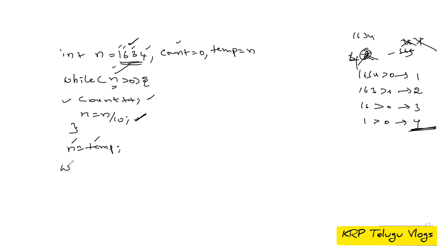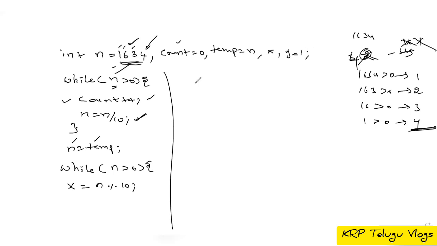So now what I will do, while n greater than 0, I will take some variables x and y, y is equal to 1. So I will extract x is equal to n modulus of 10. So you got 4 now, correct? Yes, sir. So now you have to do 4 power 4. So for 4 power 4, what you will do?